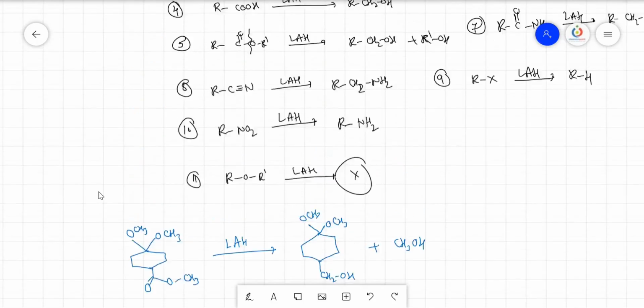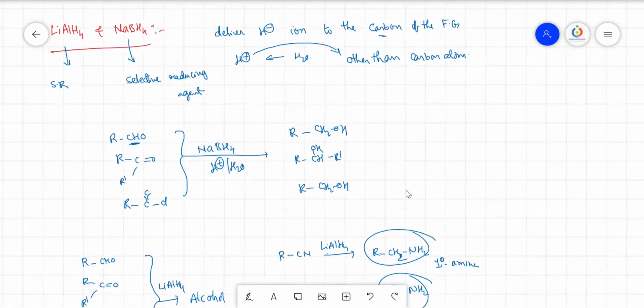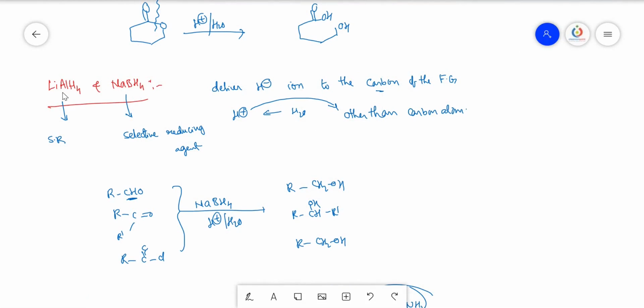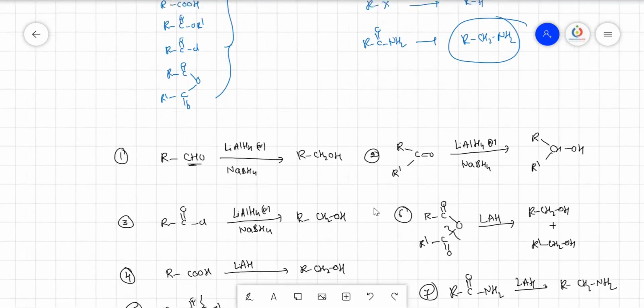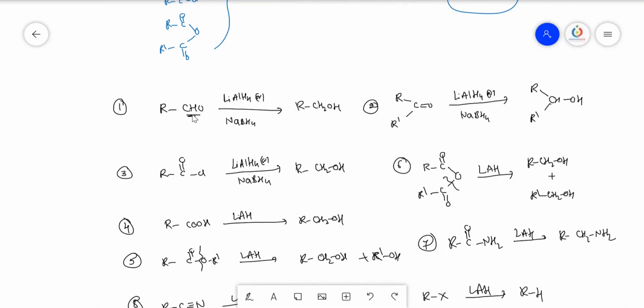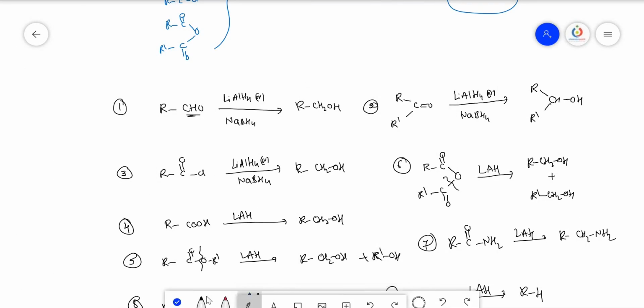Now here I had given one important point, that is the H minus ion that is coming from the lithium aluminum hydride and sodium borohydride will be connected to the carbon atom, and the H plus ion from the water is connected to the other atom than carbon. Okay. So in these particular cases you see C double bond O actually.